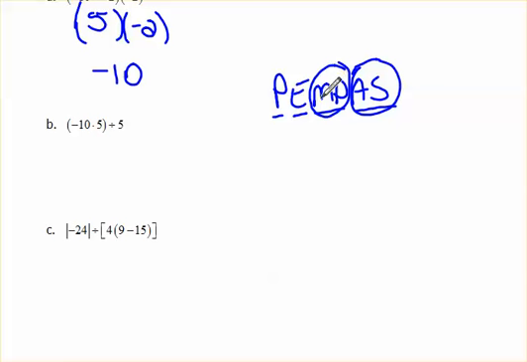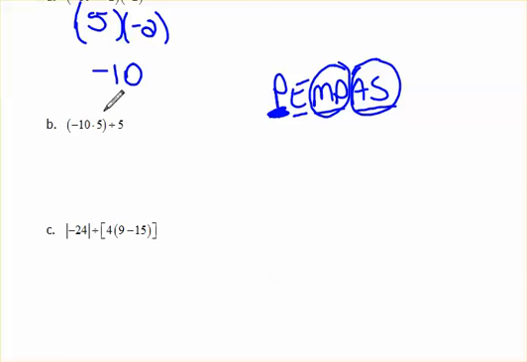So we don't do multiplication first and then division. We just do as we see it, left to right. Now it just so happens that in this one we do have to do the multiplication before the division, but that's because it's in parentheses, and parentheses come first no matter what.